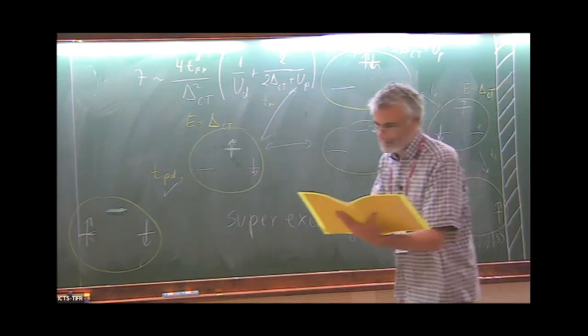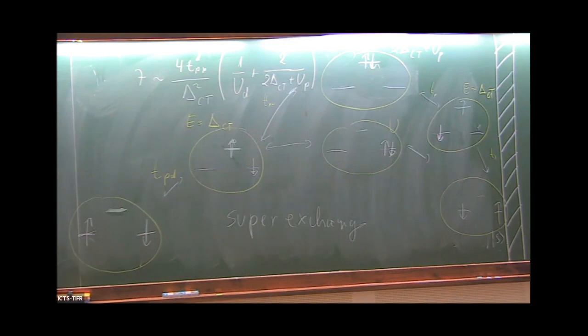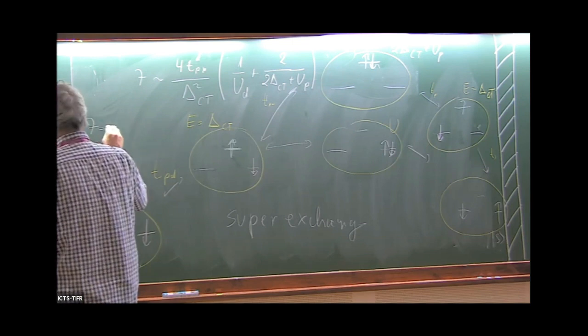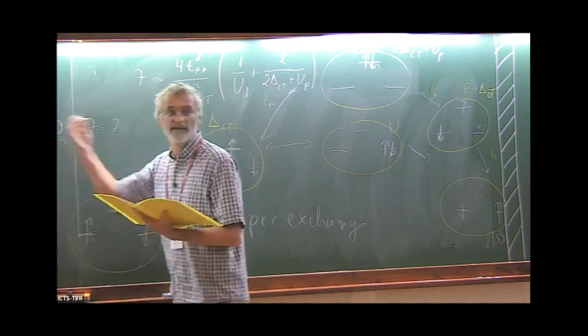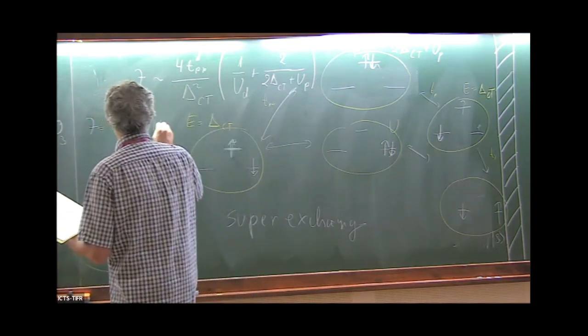And it turns out to be, for example, in some of these materials, like I have the value for strontium copper oxide, Sr2CuO3, the J will be, this is a linear spin chain material, the J value is 2200 Kelvin.